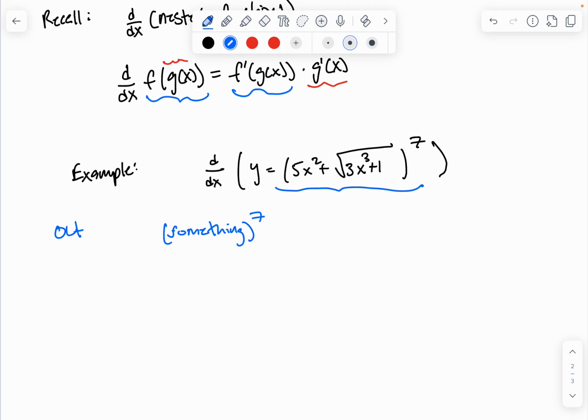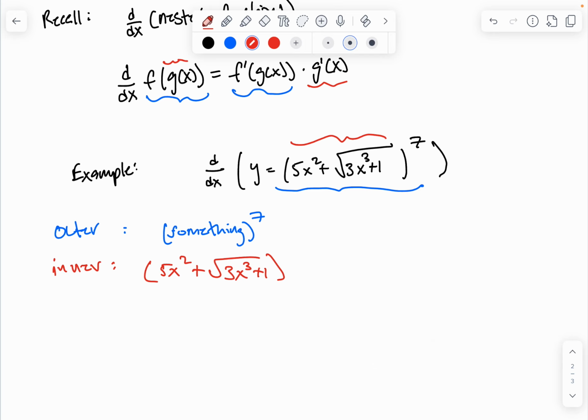So this is your outer function. Then we have an inner function right here, where we have 5x squared plus square root of 3x cubed plus 1, right?